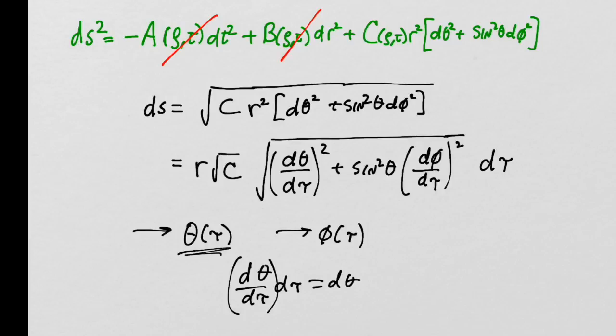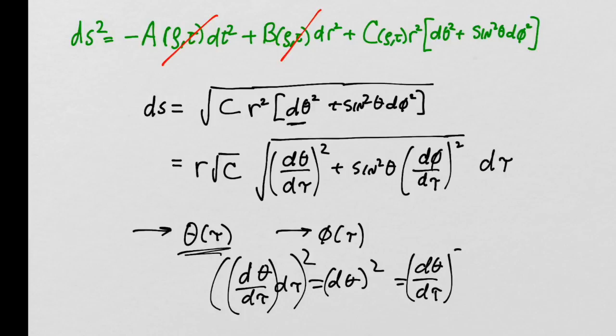Then you're looking for this guy squared, which is this whole thing squared. So that's ultimately going to be d theta d tau, which is a function, squared, d tau squared, and then we're going to take that d tau squared and just pull it out of the radical altogether, to make sure that d tau does not show up in the radical.